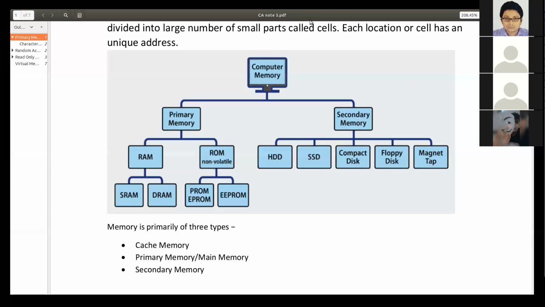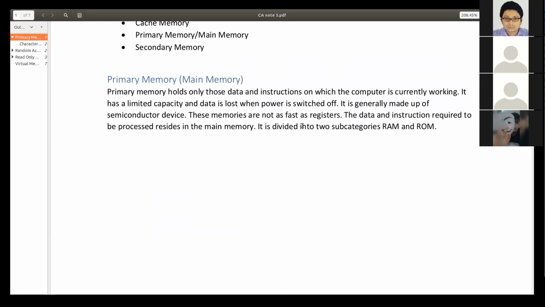And there is another type of memory known as virtual memory, which is also very unique, important and useful. We will try to cover all these types of memories today, though we don't know how much we can cover.